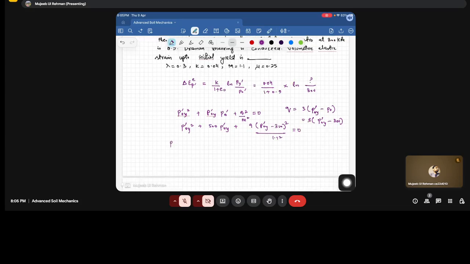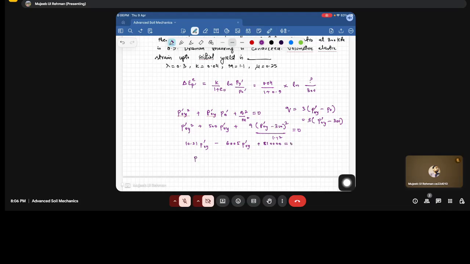So actually P naught dash y square plus 500 P naught dash y plus... Once you solve it, you will get the final equation as 10.21 P naught dash y square minus 6005 P naught dash y plus 8100 times 0 is equal to 0.